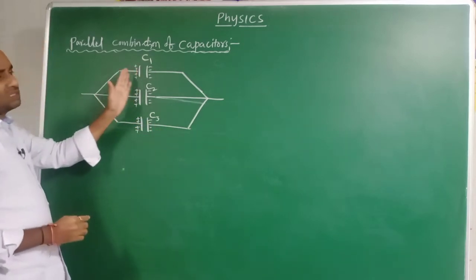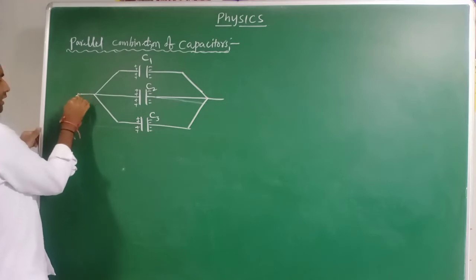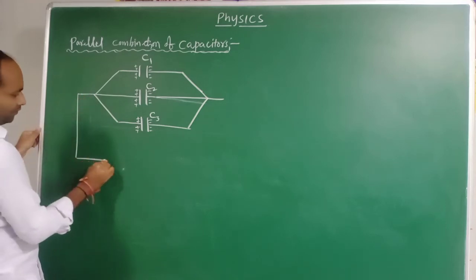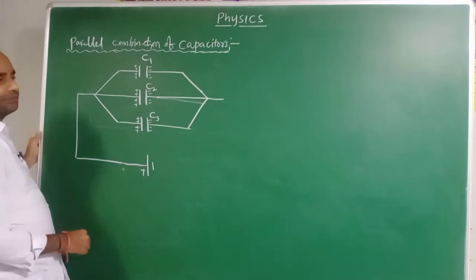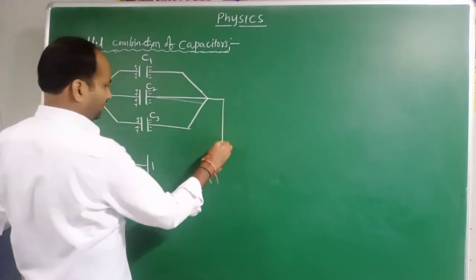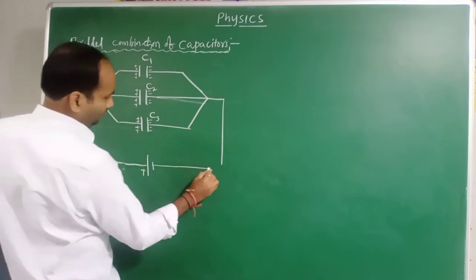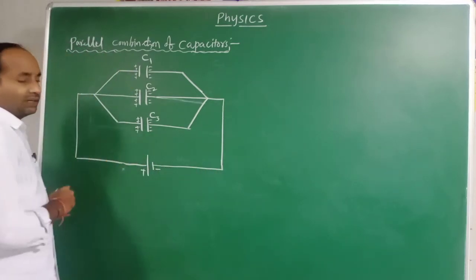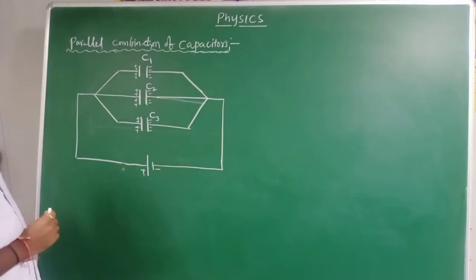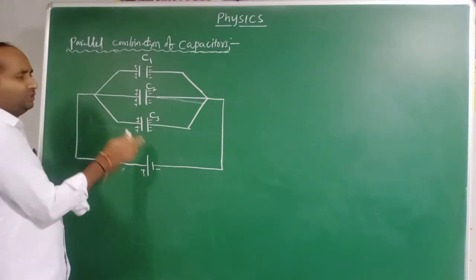The first plates of the different capacitors are connected to one terminal, which is connected to one terminal of the battery. The second plates of the different capacitors are connected to the other end, which is connected to the negative terminal of the battery. This is positive, negative.